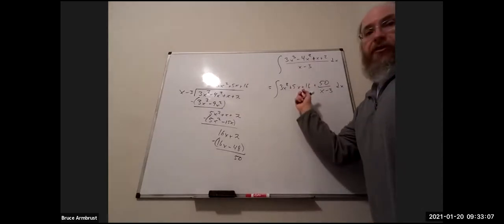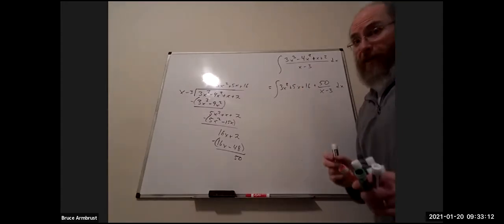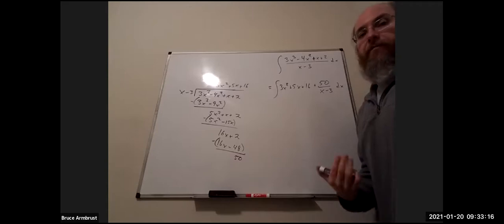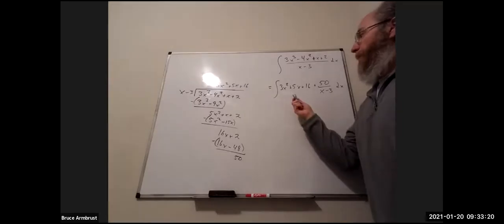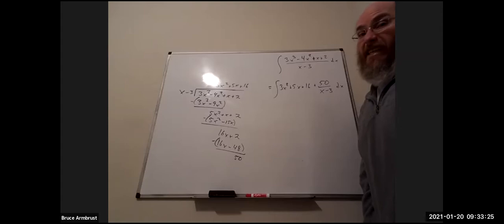So these two are identical. They don't look it, I freely admit that. But they are equivalent mathematically. And if you look at this, this is going to be pretty easy to integrate.